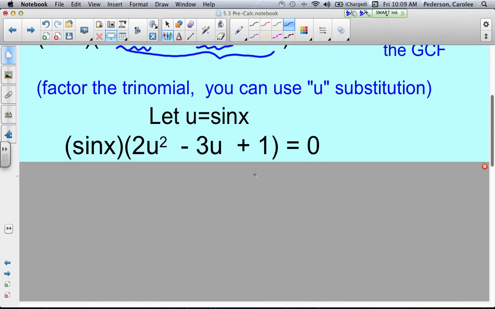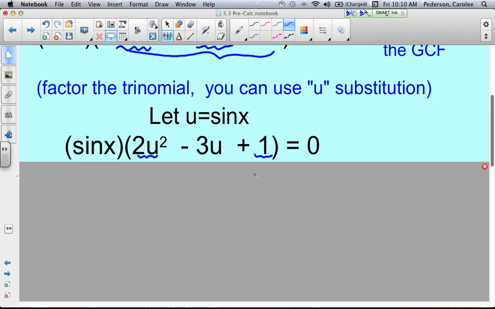What are some multipliers of 2u squared? What are some different ways I can split up 2u squared into 2 terms? 2u and 1u. What are the different factors of 1? 1 times 1 or negative 1 times negative 1. Those are your only choices.